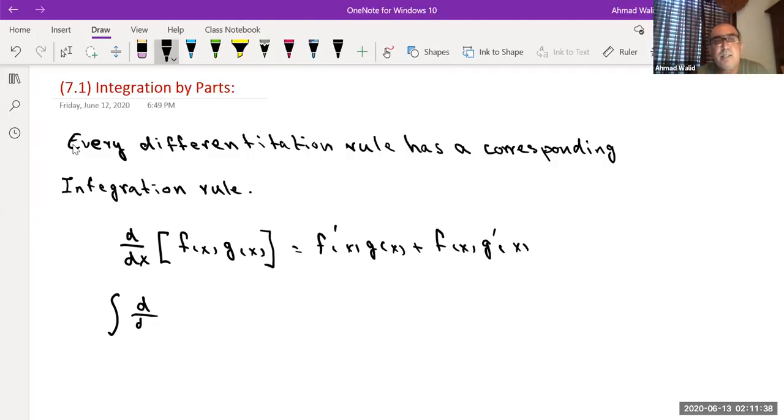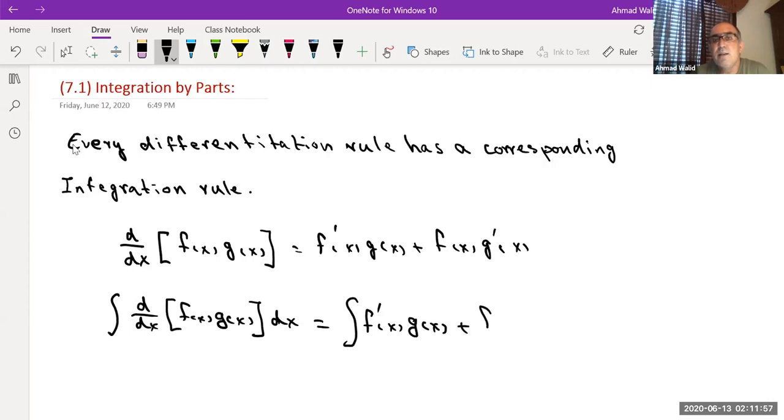Integral of d/dx of f(x) times g(x) dx equals integral of f'(x) g(x) plus f(x) g'(x) dx. Here dx and also here dx.